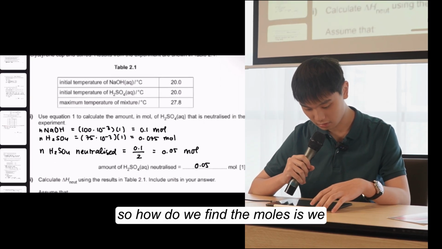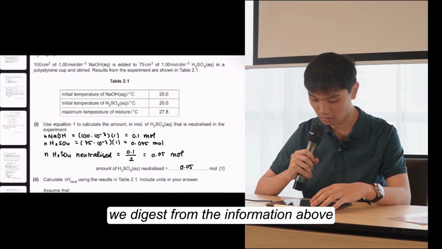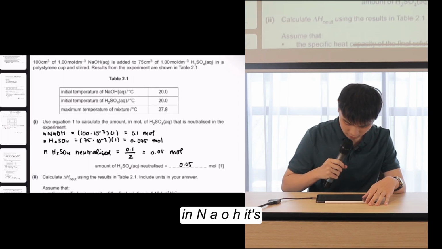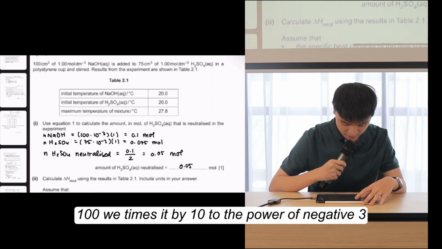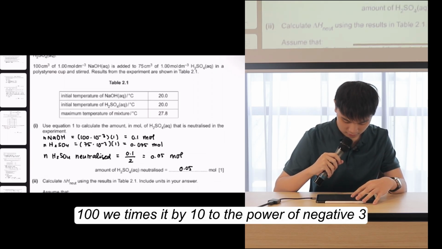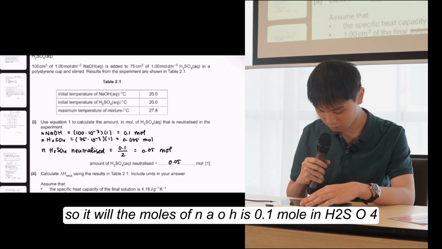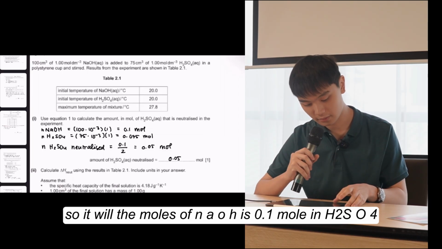So how do we find the moles is we deduce from the information above. In NaOH, it's 100, we times it by 10 to the power negative 3, and times it again by 1. So the moles of NaOH is 0.1 mole.